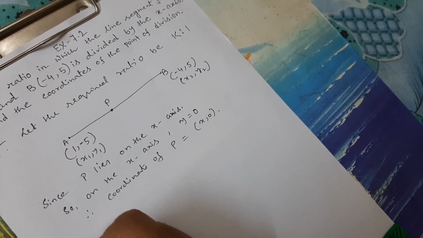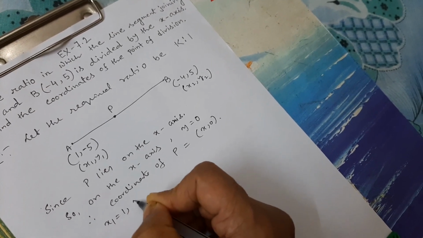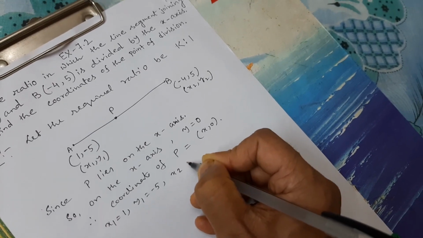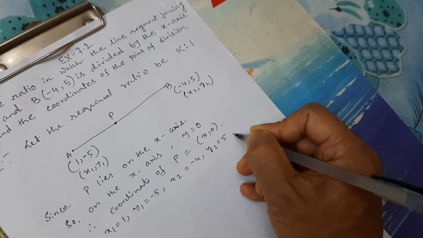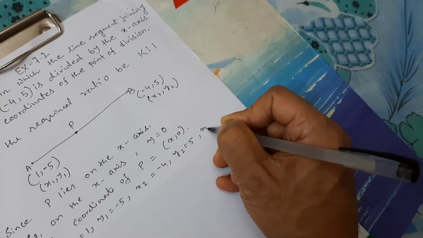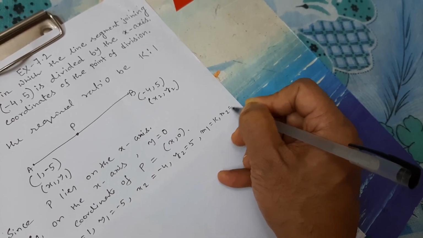So here x1 equal to 1, y1 equal to -5, x2 equal to -4, y2 equal to 5, and ratio is k:1. So m1 is equal to k and m2 equal to 1.